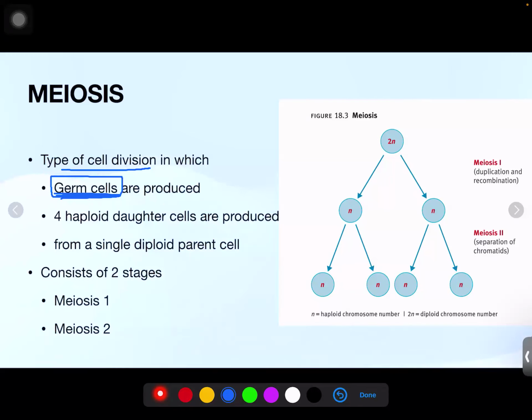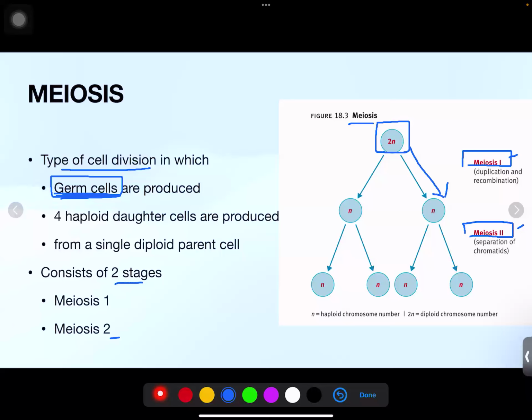Now what happens during meiosis? Look, this is a progenitor cell, 2n. It will be a stem germ cell. It undergoes first phase meiosis because meiosis has two stages, 1 and 2. Mitosis has only one stage. So there are two stages of meiosis, 1 and 2.